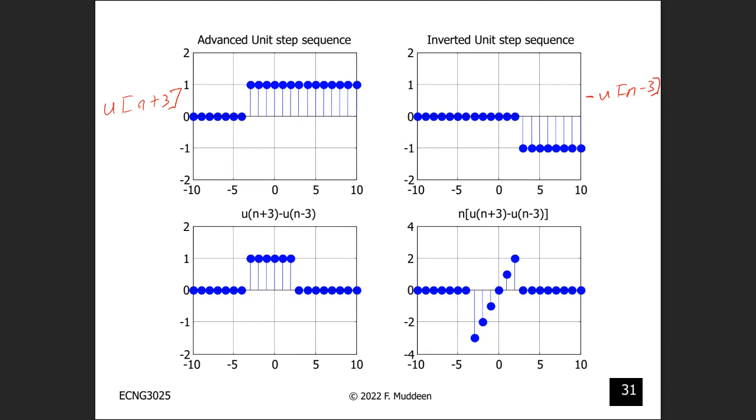I could add two sequences together, so I get something like this, which is a pulse. Or I could take this now and multiply it by n, so I get something looking like this. These are the kind of things that signal processing allows you to do.